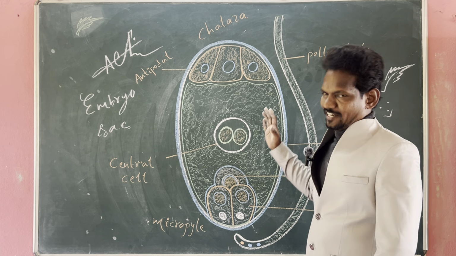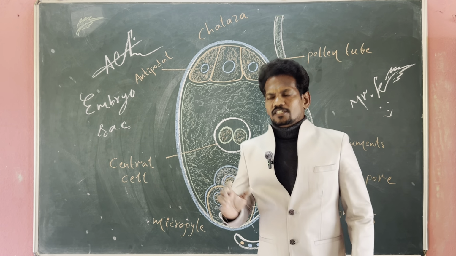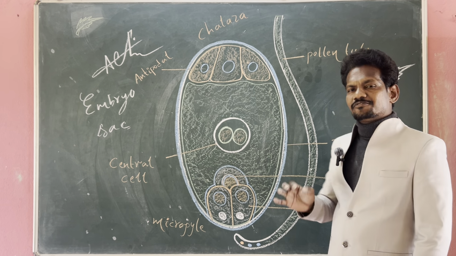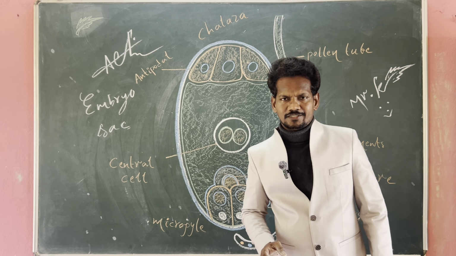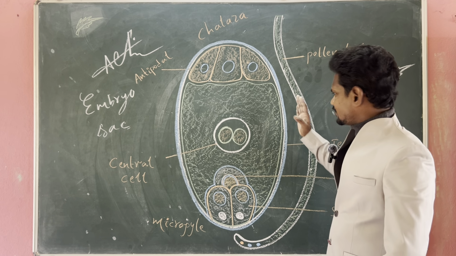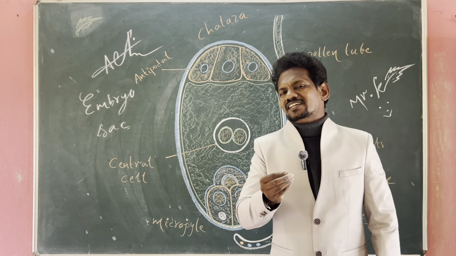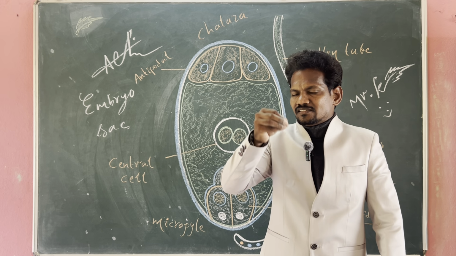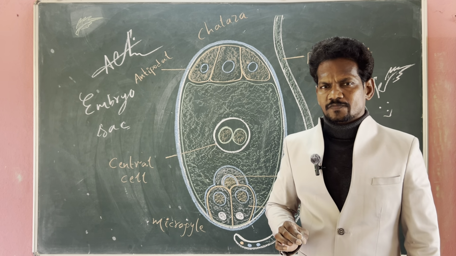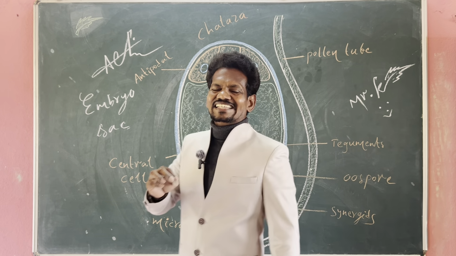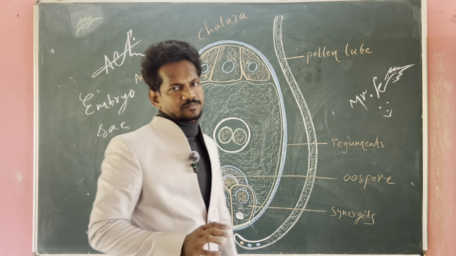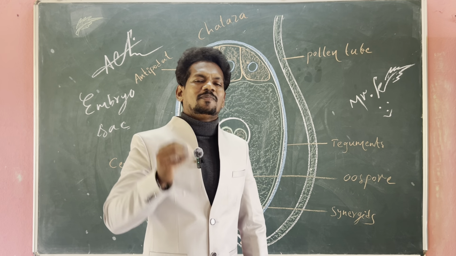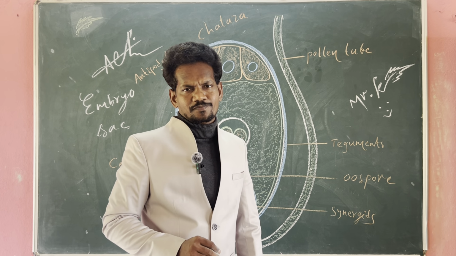This is an embryo sac. Embryo sac is also known as the female gametophyte of the plant. This embryo sac is located inside the ovule. The arrangement of ovules on the placenta in the ovary is known as placentation.